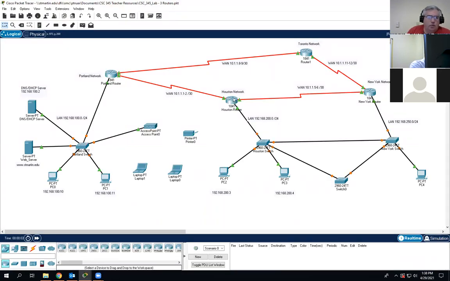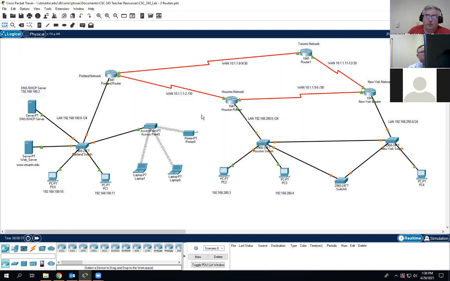Okay, so here we have, if you remember right, the Packet Tracer we used in class to describe the different routing protocols and how to set each of them up.